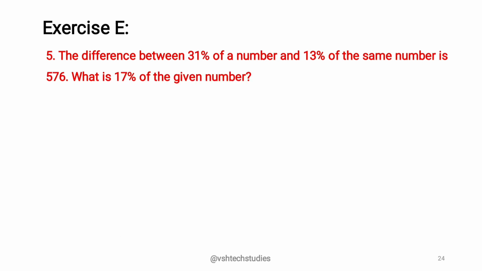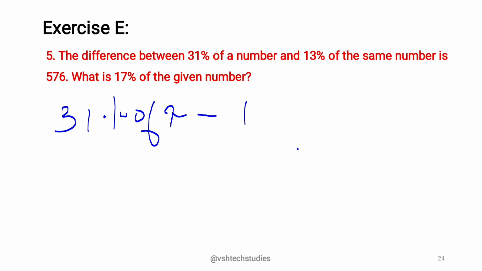Next we shall take the fifth problem, that is the last problem for today's session. The difference between 31% of a number, so the number we don't know, that we shall keep as x. 31% of a number. The difference between this and the other means this minus the other. 13% of the same number.